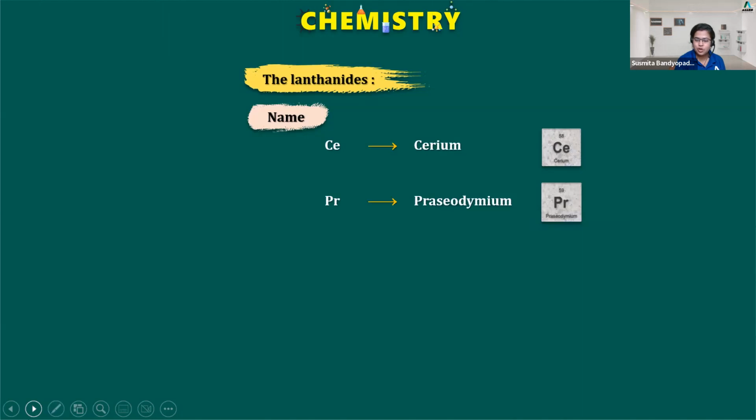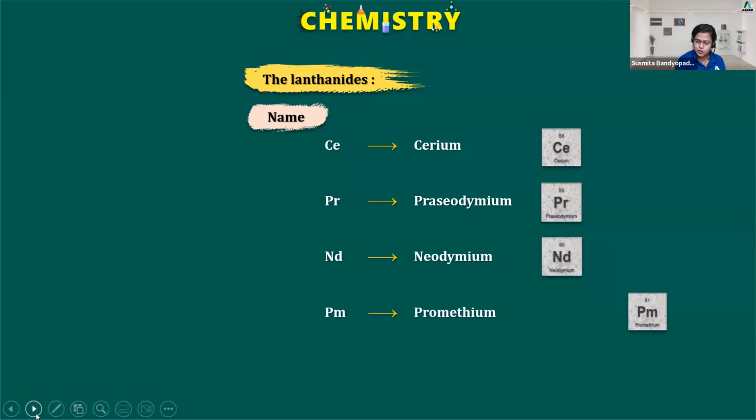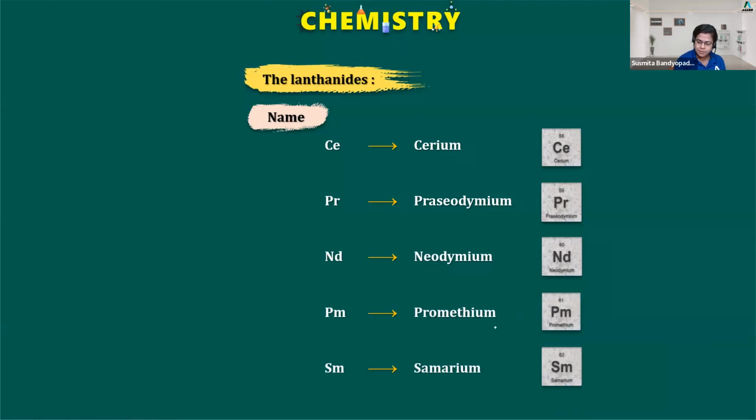I don't think it's important to remember all the names. Symbols will also do. Cerium is okay if you can. Do you students remember all of them? Promethium is radioactive in nature.